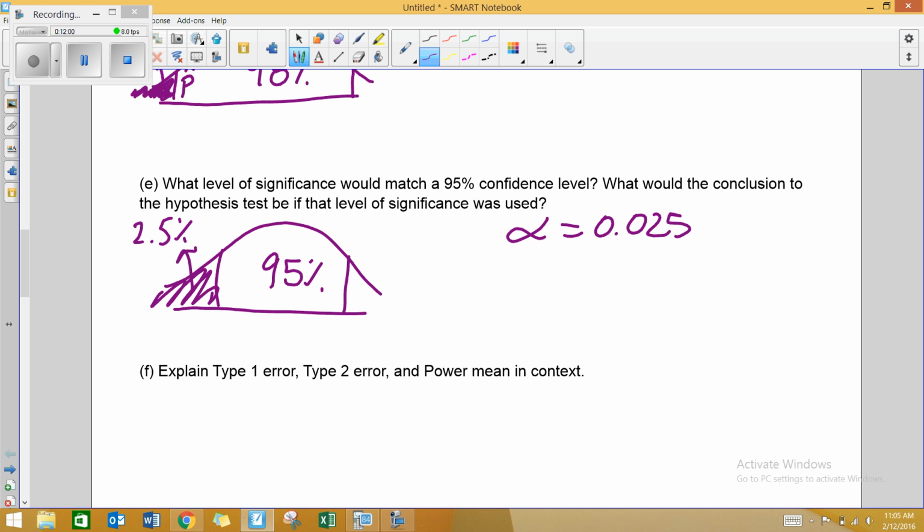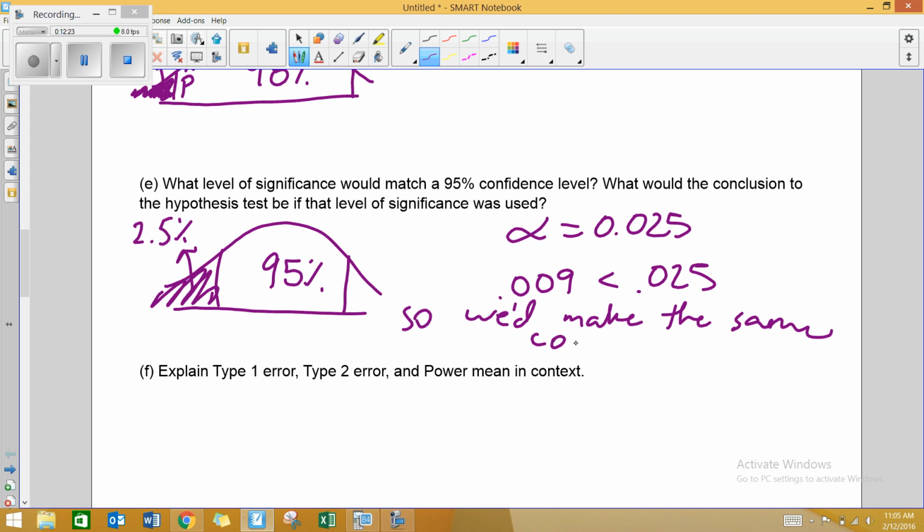What would the conclusion to the hypothesis test be if that level of significance was used? Well, it would be the same conclusion because 0.009 is less than 0.025. So we make the same conclusion.